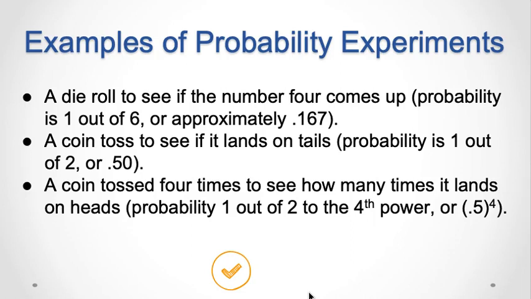A card pick out of a deck to see if it's a queen of hearts. Probability is 1 out of 52 or 0.019. A coin tossed 4 times to see how many times it lands on heads. Probability is 1 out of 2 to the 4th power, or 0.5 to the 4th power.